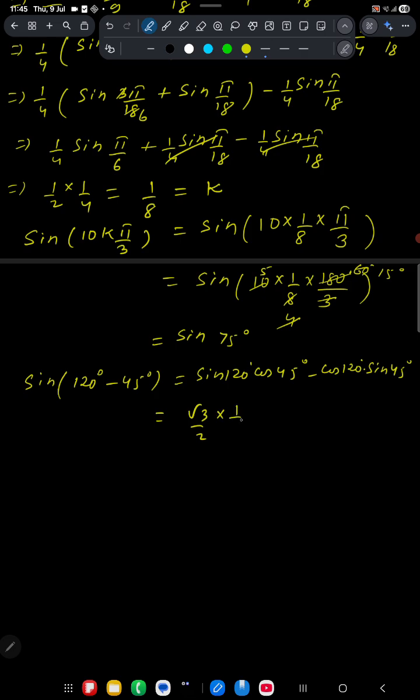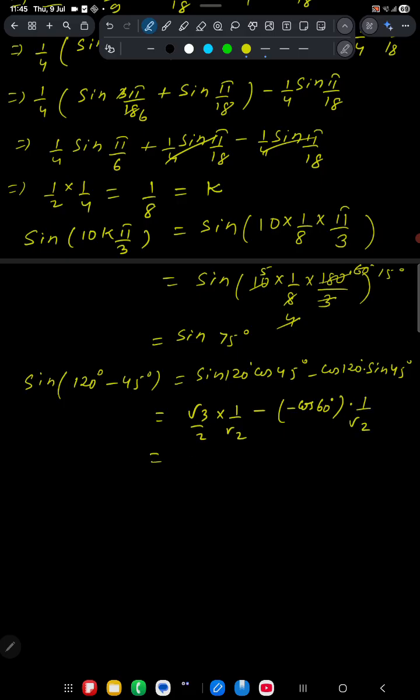Cos 45 is 1 by root 2, minus cos 120 is cos of pi minus 60, and that will give you minus cos 60 degree, and sine 45 is 1 by root 2.